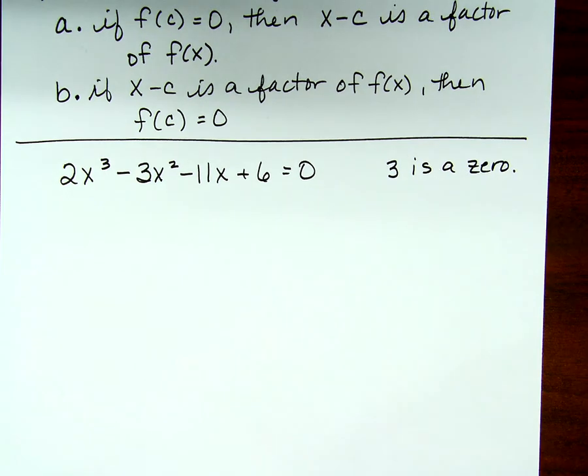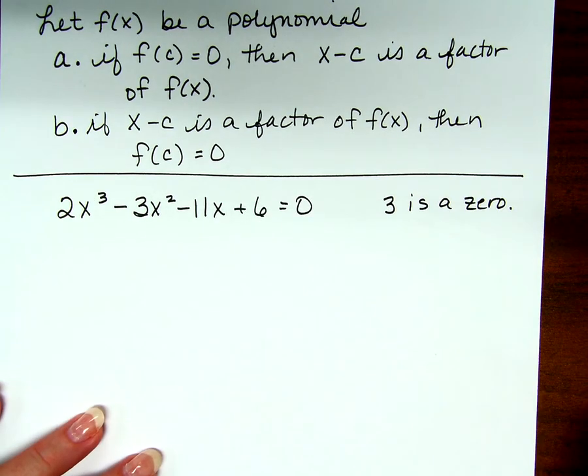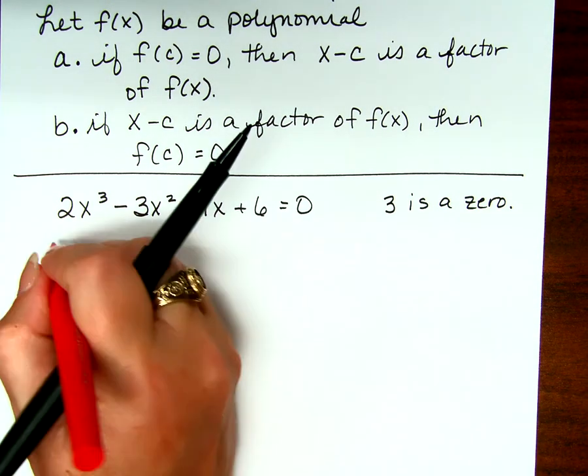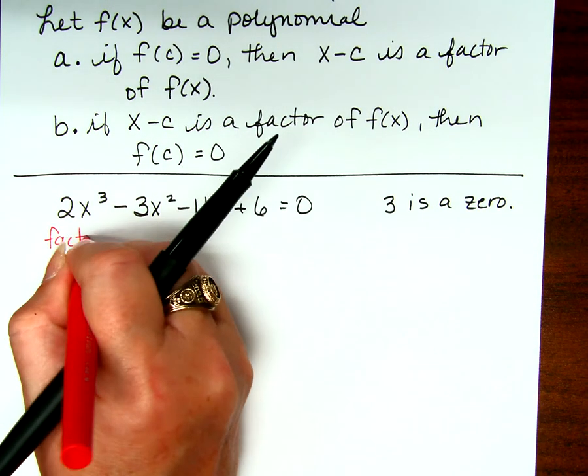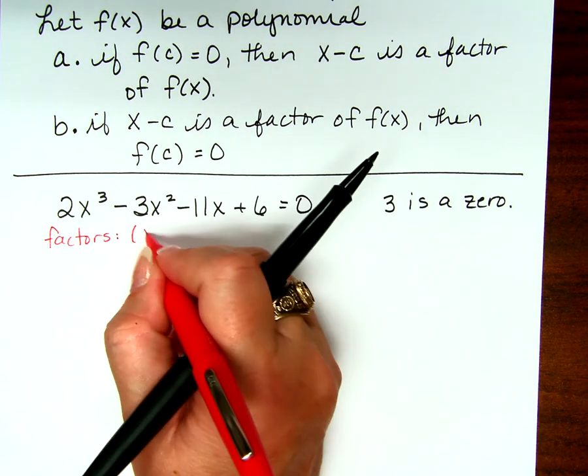That's given to you. Well, if you know that 3 is a 0, what else can you know about this problem? Because maybe I'm going to ask for the factors. If you know 3 is a 0, what's one of the factors?